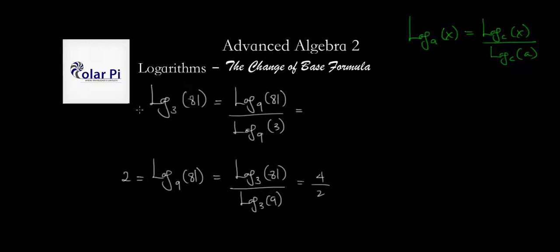So let's do it. So first, we know that log base 3 of 81 is 4, right? Because 3 to the 4th power is 81. And then here we go, log base 9 of 81 is 2. So log base 9 of 3 better be 1/2, because that's the only way we can make 4 if the numerator is 2.